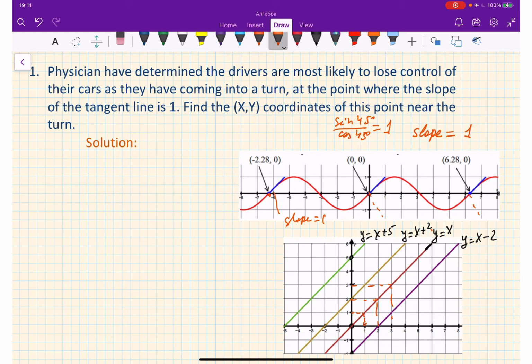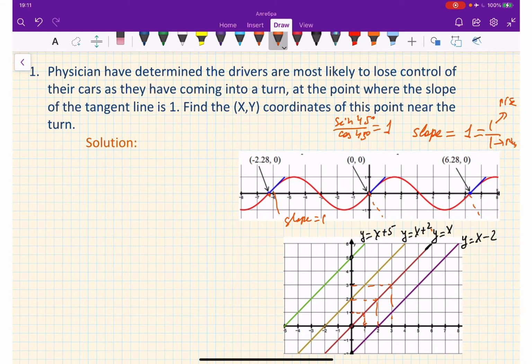Okay? One more time. So slope, if it's 1, that means 1 over 1, right? This one is rise. This one is run. So the line will rise 1 unit for every 1 unit movement further to the right.